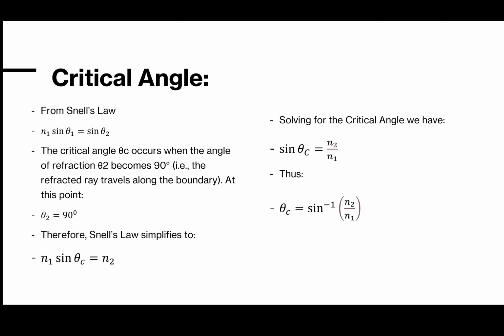Light is injected into the core of the fiber optic cable at an angle, and because it has been injected at the critical angle, it will continue to be internally reflected in the cable until it reaches the receiver.